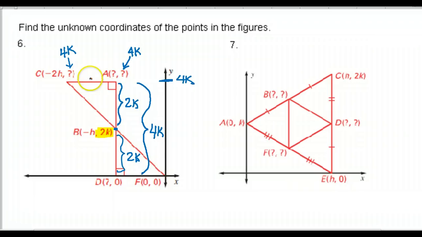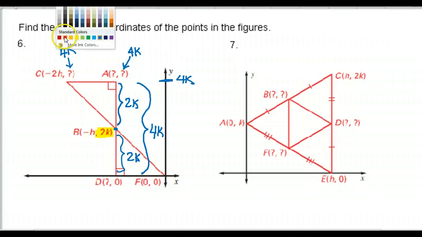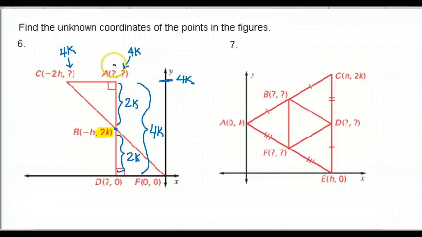Now let's talk about the x values. Maybe I should switch colors for a second. Okay, let's talk about the x values. Let me start here. Maybe if I change my highlighting.